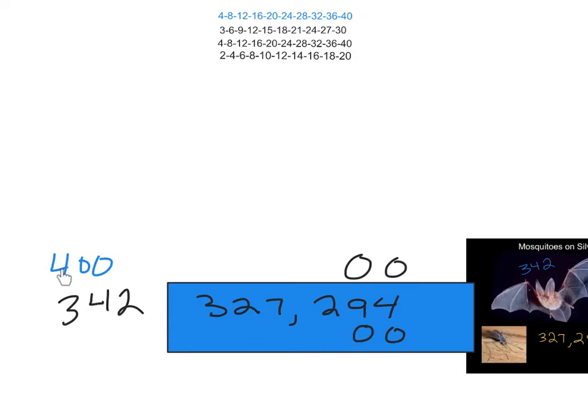So now I'm going to estimate how many times this 342 will go into 3,272. So I'm going to use the 400. Now, since this has two zeros behind it, I'm going to imagine that each of these digits has two zeros behind it as well.